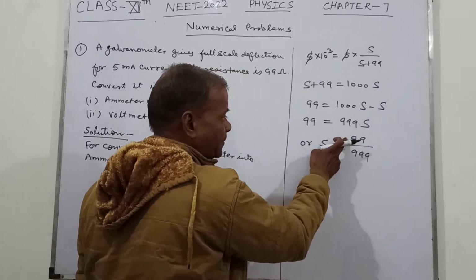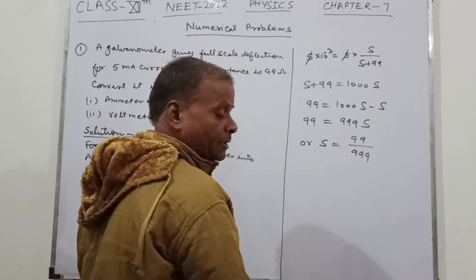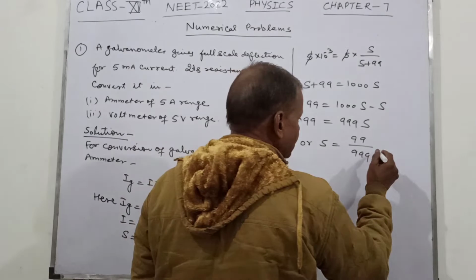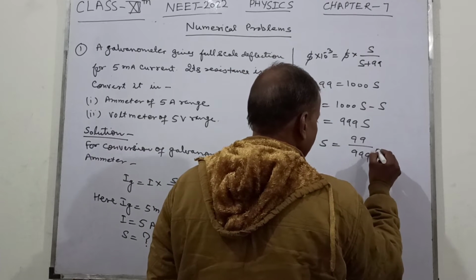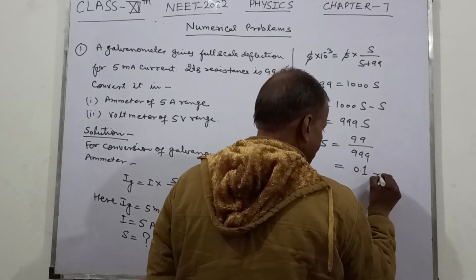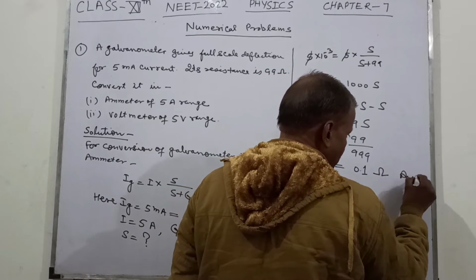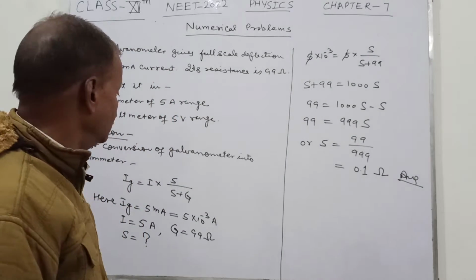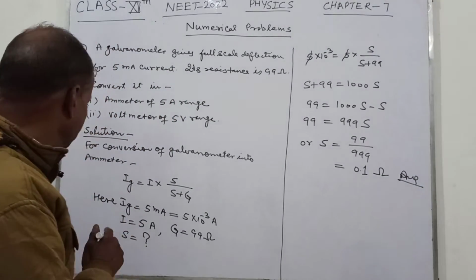Approximating this as 100 upon 1000, this comes out to be 0.1. So we need a shunt of 0.1 ohm. This is our first part.